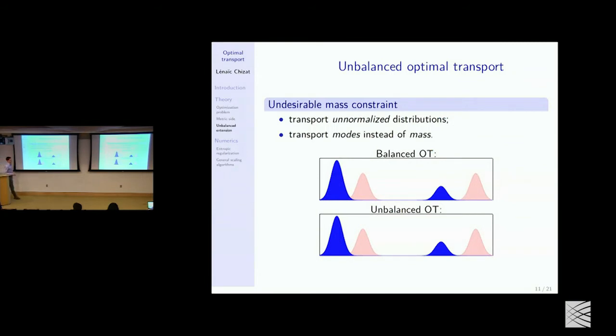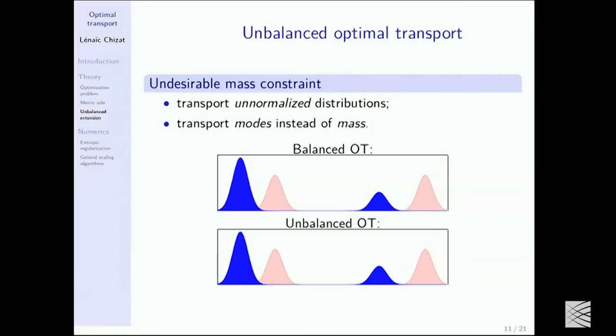So now I'd like to talk about an extension of optimal transport that will be useful in the next talk. So keep in mind that some things that I'm saying might be useful for the next talk. In general, you want to use optimal transport because it's a very useful tool to define a structure on the space of distributions, but there is this constraint that your starting and final distributions have the same mass.